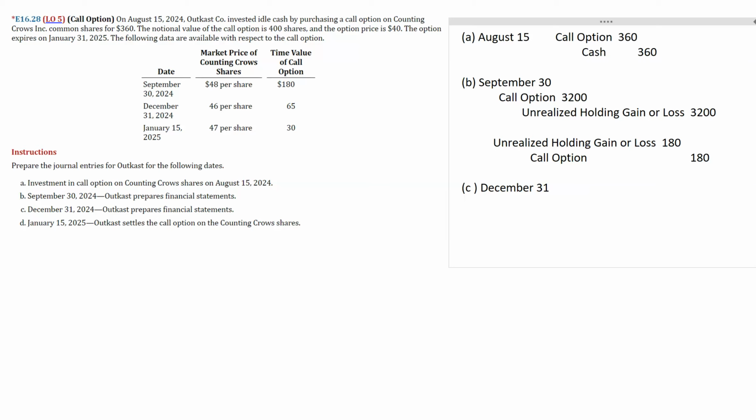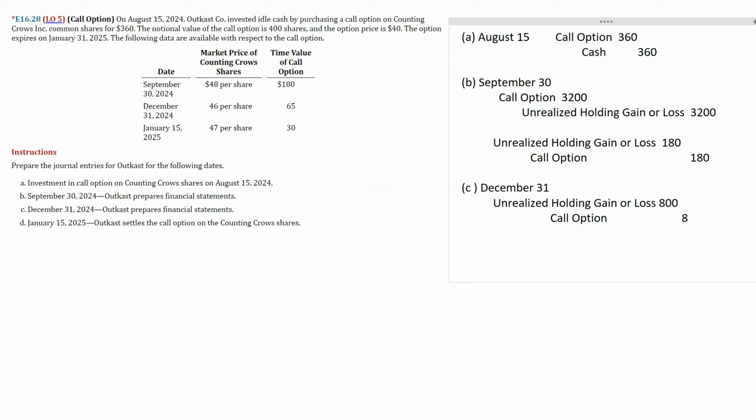It's a loss, but putting this account on the debit side means we are treating it as a loss. So unrealized holding gain or loss, it's an income statement item. Now we will compare these two prices, $2 per share multiplied by 400 shares, so it's $800, and it is also reducing our call option value. So we will credit call options, and this is also $800.